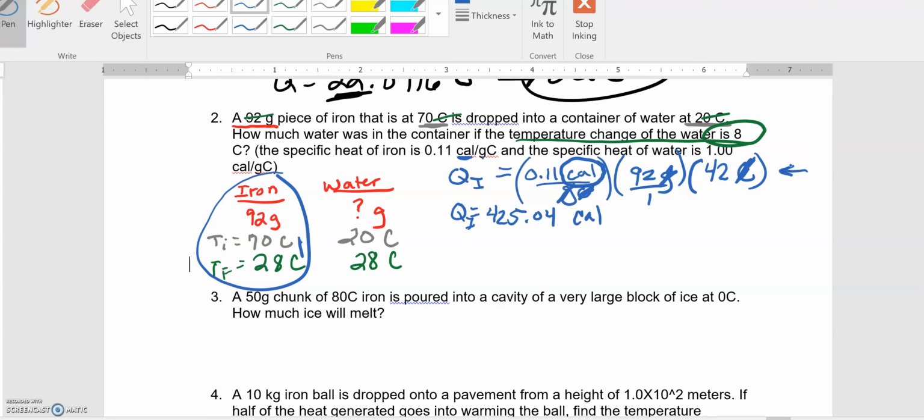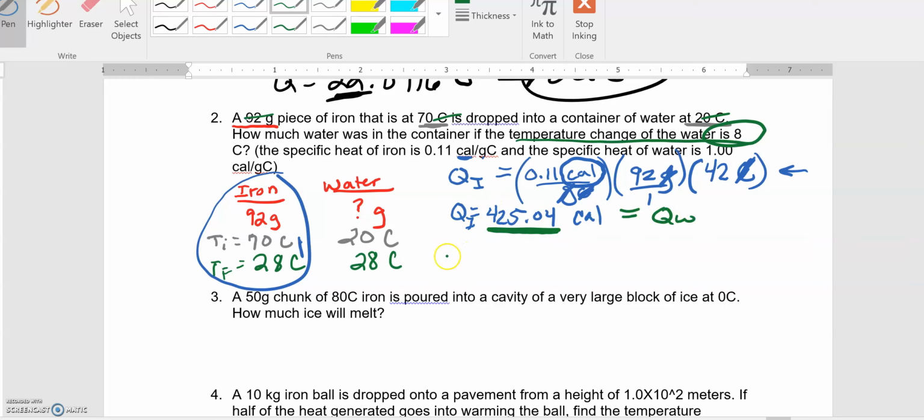Now, I'm not going to round this value yet because I'm not done doing my computations. But what I can do is I know that this heat energy here that was essentially lost by the iron, that was transferred out of the iron, is what was gained by the water. So when I start doing my setup for the water, this heat energy is going to be the same for the water.